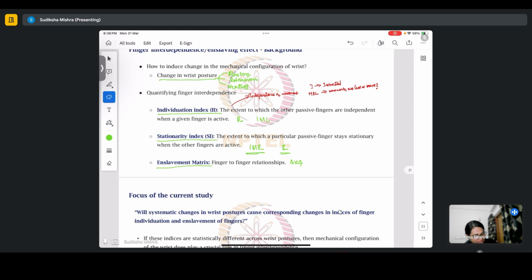So if you tabulate it, it will look something like index, middle, ring, and little on both axes. This is how the tabulation of the matrix would look. The maximum enslavement that you would see is 1, whereas the minimum is 0, with 1 being the finger completely enslaved to the master finger, whereas 0 means complete independence.